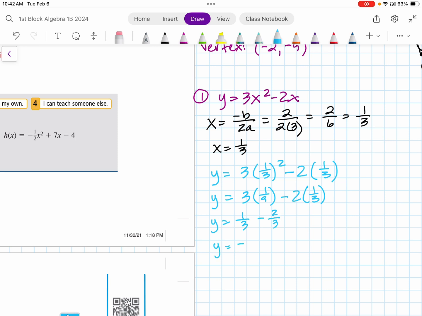So y equals negative 1/3. That means our vertex is 1/3, negative 1/3. Axis of symmetry, x equals 1/3. Vertex, 1/3, negative 1/3.